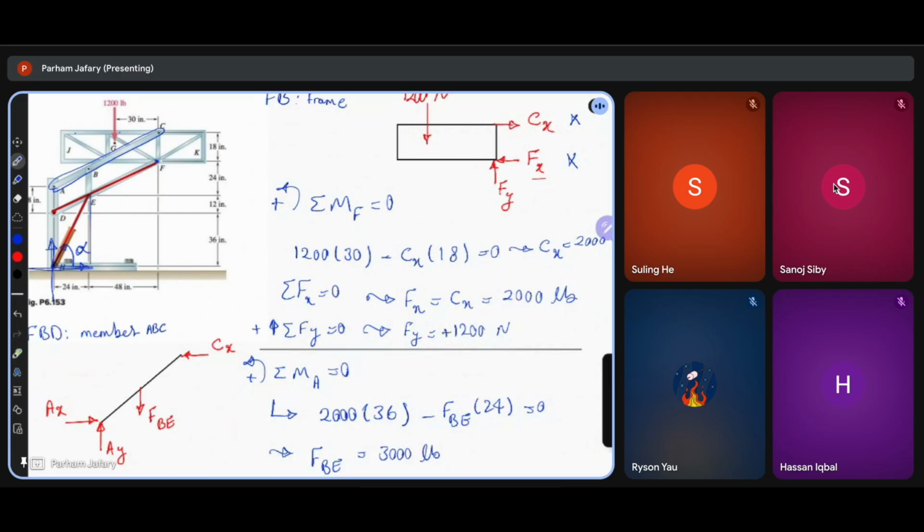So the front is 36 plus 12, 48 over 24. Does it make sense?